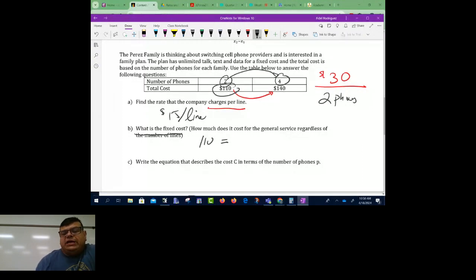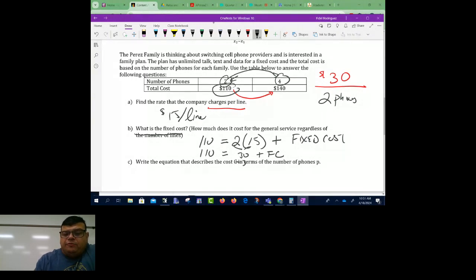And that 110, y'all, is going to be made up of 2 phones at $15 a phone plus whatever that fixed cost was going to be. Okay. So look, let's do it like this. That's 110 equals 2 times 15, y'all, that's 30 plus whatever my fixed cost is.